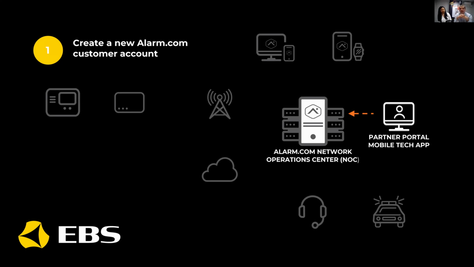So the whole installation process begins from creating a new Alarm.com customer account. It can be done both using the partner portal, which is the desktop version, or the mobile tech app. It's good to do it before the installation, so before connecting the EBS communicator to the legacy control panel.